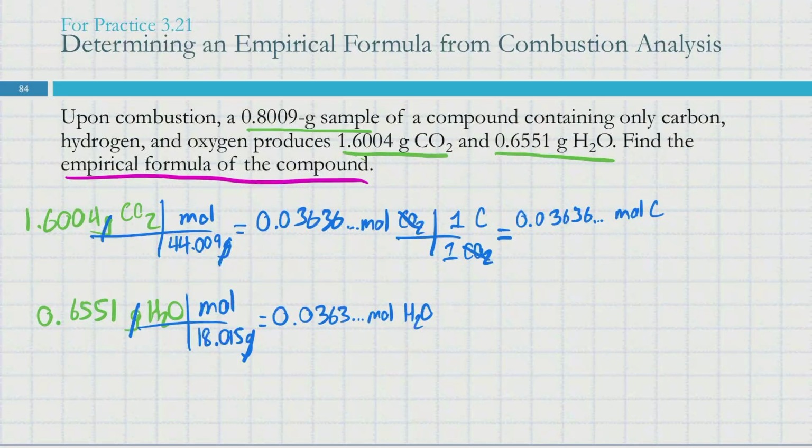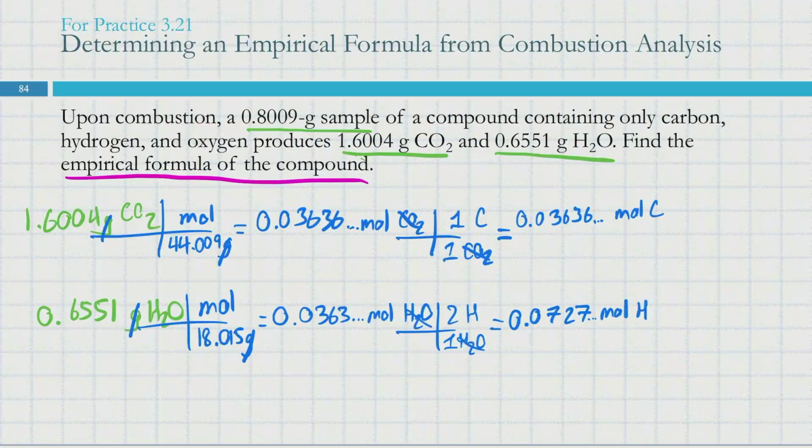If we made this many moles of water, we must have had twice as many hydrogens to put into the H2O, since there's a subscript of 2 on our hydrogen. So we multiply by 2, 2 H for every 1 H2O. We must have started with, or had in our original sample, this many moles of hydrogen.